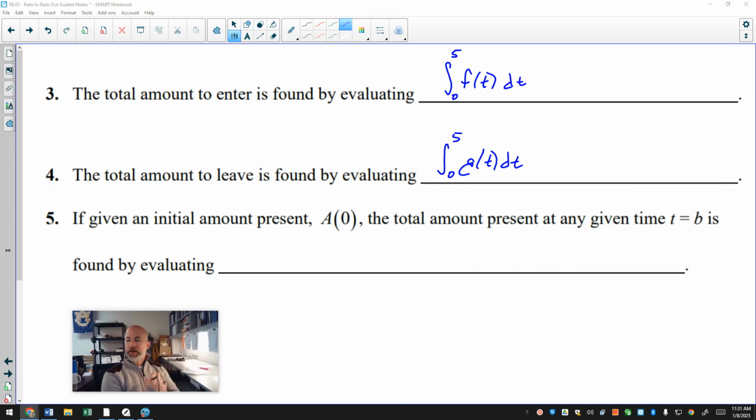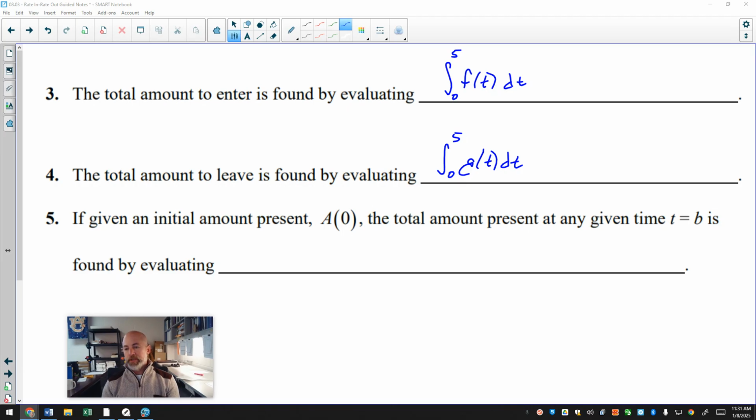And then another common question is they'll ask you what is the amount of gravel in the processing plant when t equals 5 or something like that. If they want the actual amount, then my formula is going to be, and I'll say at time b. So I want the overall amount at time b.